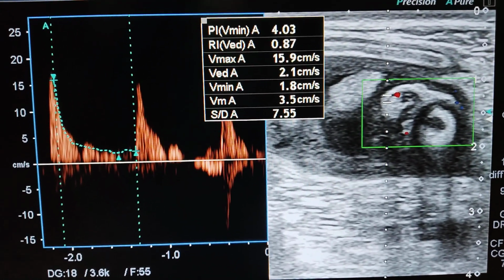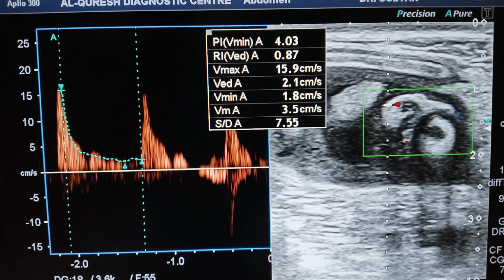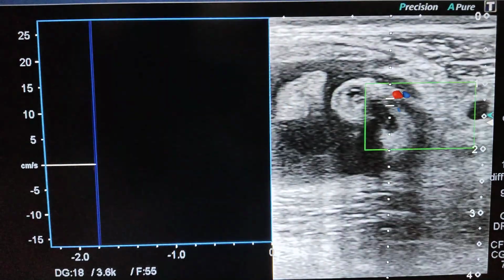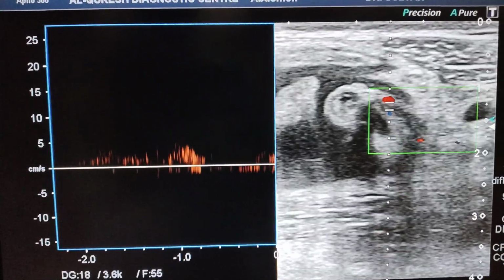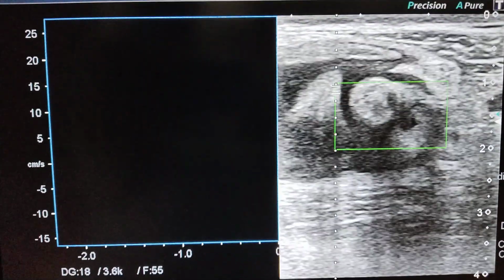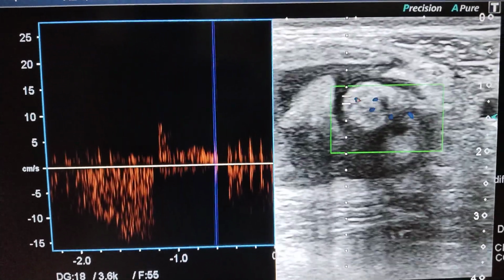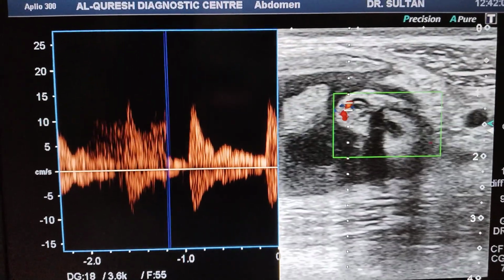When this occurs, then gangrene of the appendix may occur. So still there is high resistance flow but no thrombosis is seen. It means that there is an active inflammation going on and the appendicular artery is facing high resistance.